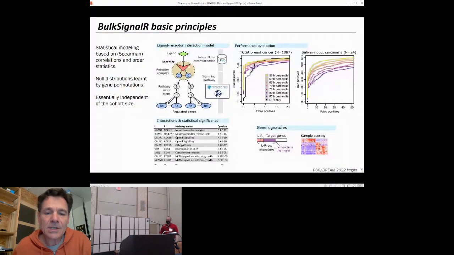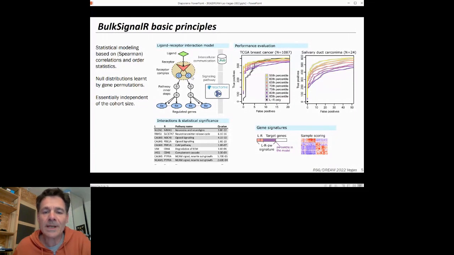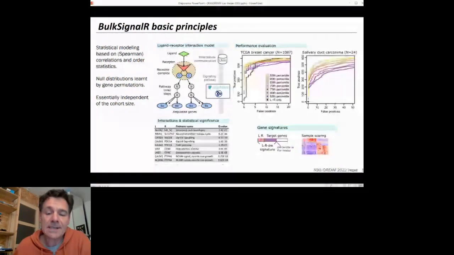We look at the genes targeted by the pathway, plus eventually co-complex. With this, you can generate tables of putative ligand-receptor interactions related to a certain pathway, which you associate with the usual statistical parameters like Q-values.